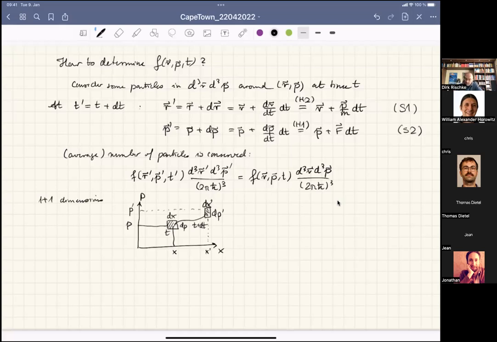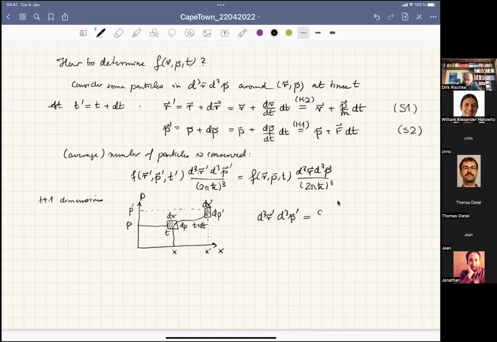So the volume d3r prime, d3p prime is in principle different from d3r, d3p, but only in shape, not in magnitude. You can actually show this calculation. I will not do it, but if you are interested, I can show you later or in a discussion. It's a simple calculation of a Jacobi determinant.